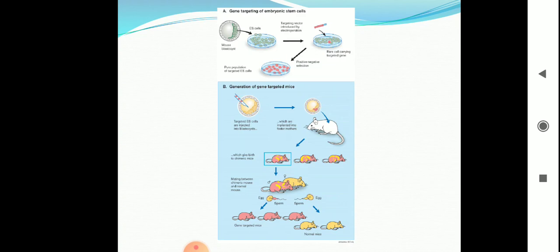So this diagram shows how embryonic stem cells help in the formation of transgenic animals.